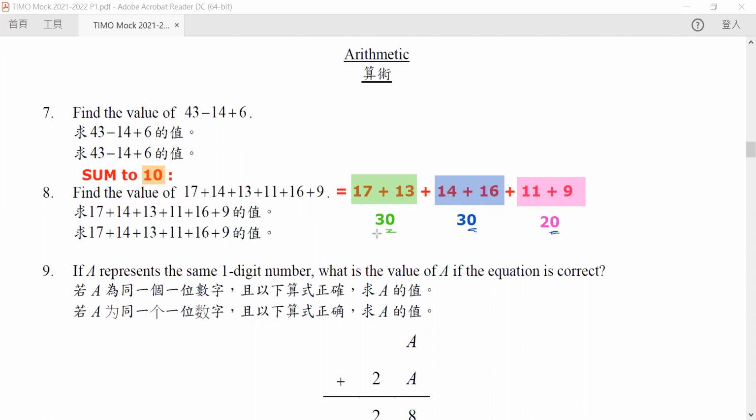Whenever we want to find two digits, the unit digit 7 and the unit digit 3, they will sum up to 10. Every time we want to calculate this arithmetic fast, we want these numbers to sum precisely to 10. Once we sum it like this, it will be very easy for us to sum up our 30 and 20. So what is the sum of these numbers?